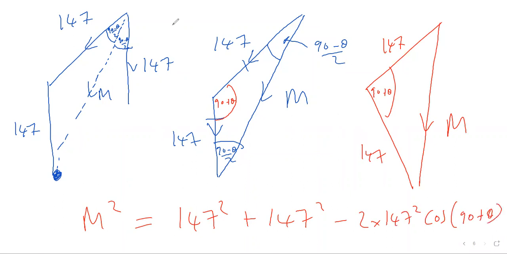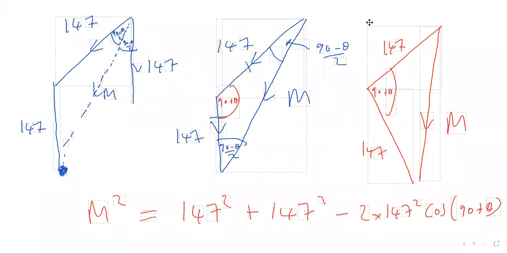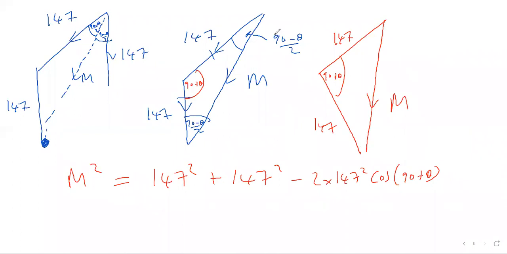And then what I showed you in that proof video is that cos of 90 plus theta is the same as minus sine theta. So with this example here, you can just write 2 lots of 147 squared here, and then take away 2 times 147 squared, and then times minus sine theta.